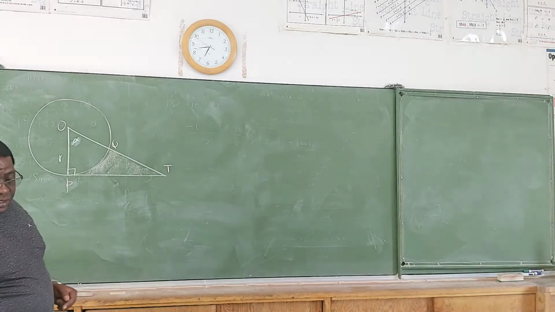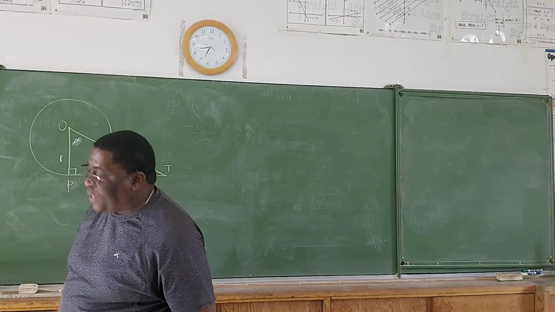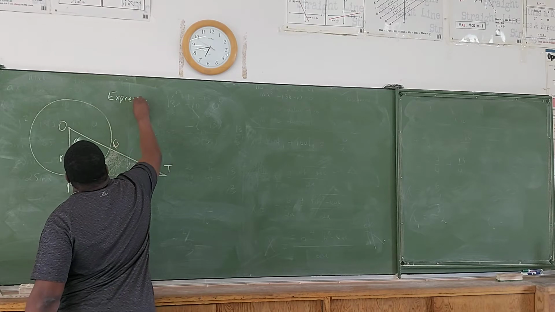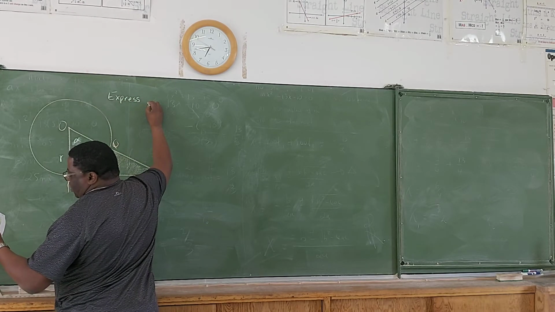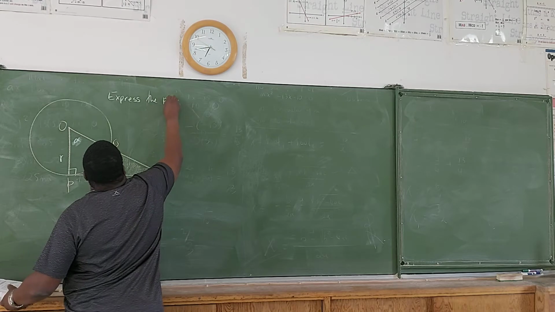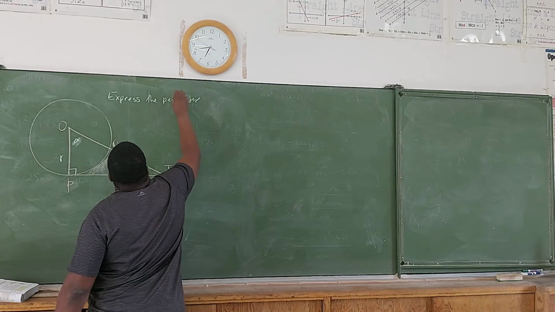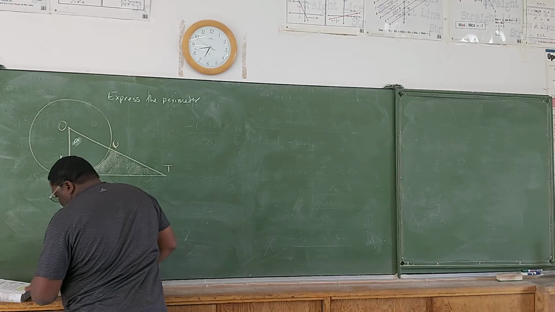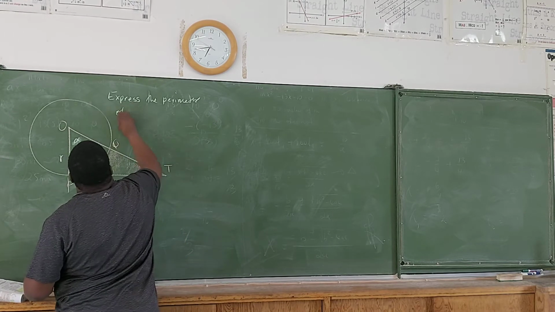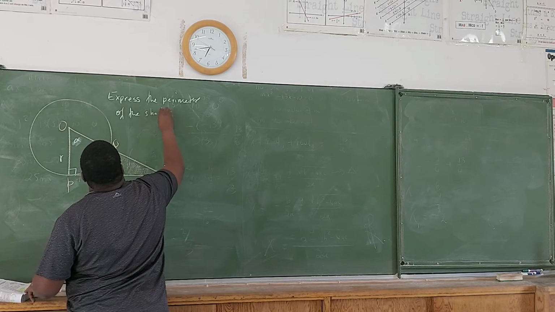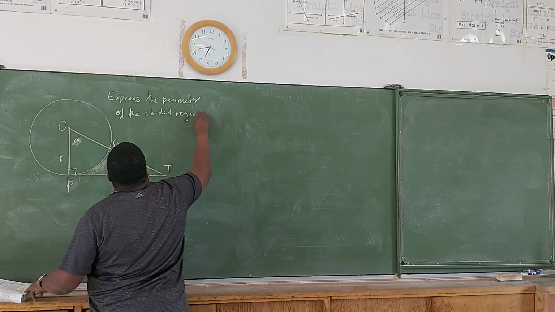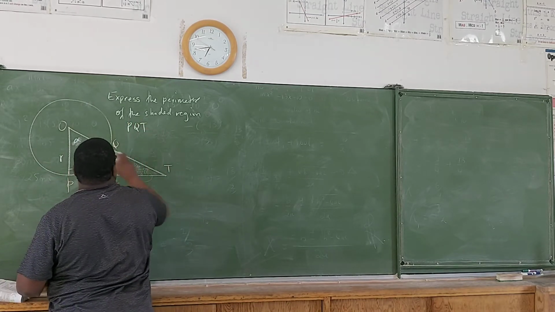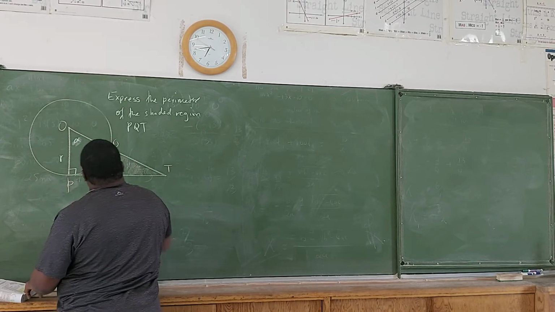The question says, express the perimeter of the shaded region PQT, this, right?